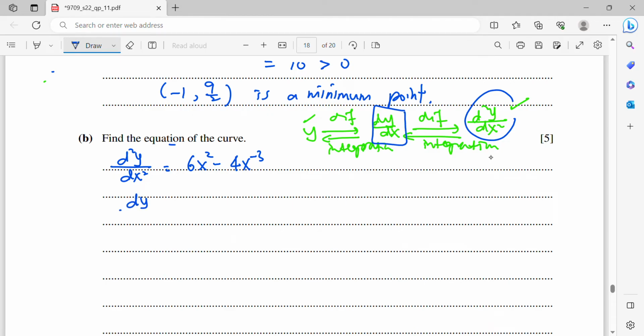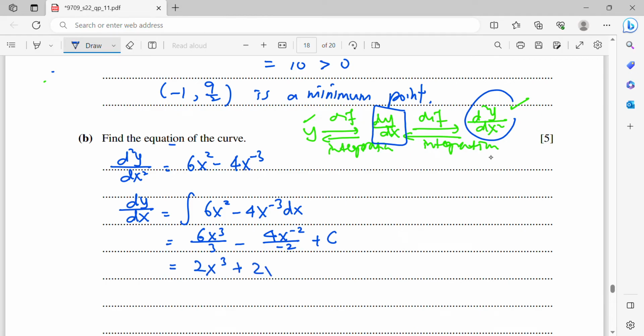So now I will write dy dx equals to the integral of 6x squared minus 4x to the power of negative 3 dx. So when you integrate 6x squared, it will be 6x cubed over 3 minus 4x, and when you integrate, you add to the power. So minus 3 plus 1 becomes minus 2, over minus 2, plus c. We can simplify this to be 2x cubed plus 2x to the power of negative 2 plus c. Okay, so this is our dy dx.